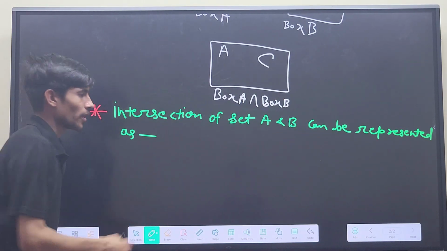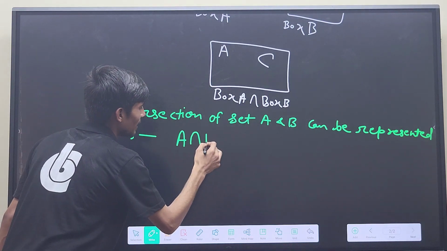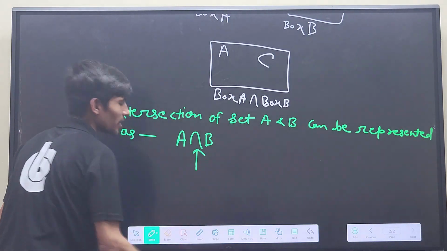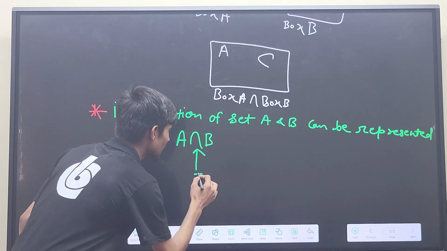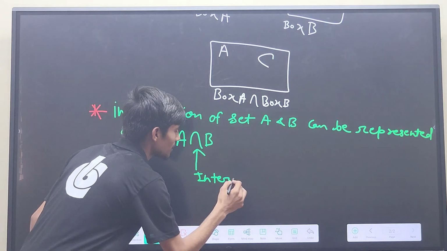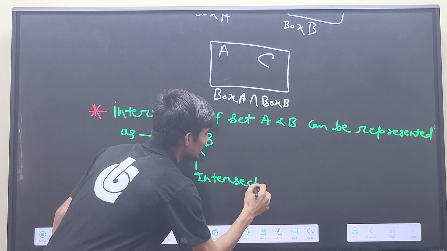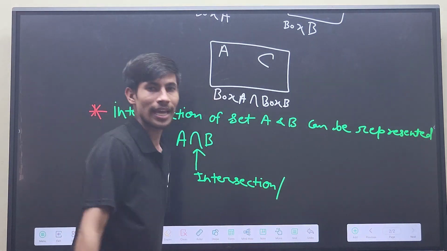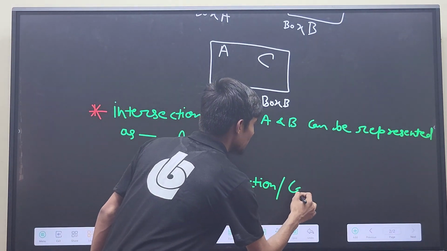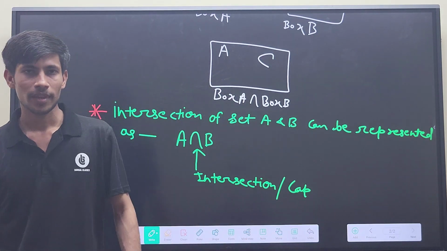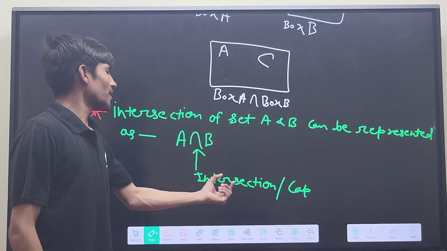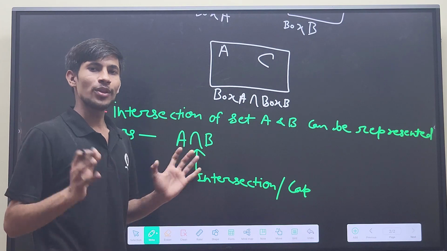Tell me how we can represent A intersection B. What is this symbol? This symbol is intersection, or you can say cap. So A intersection B or A cap B, you can say.